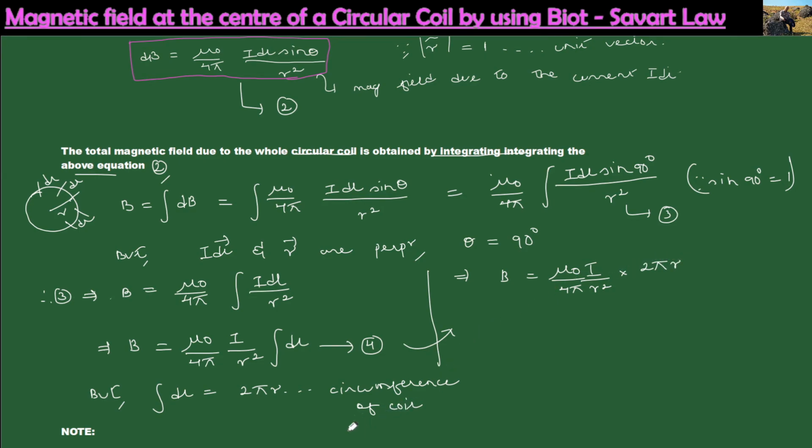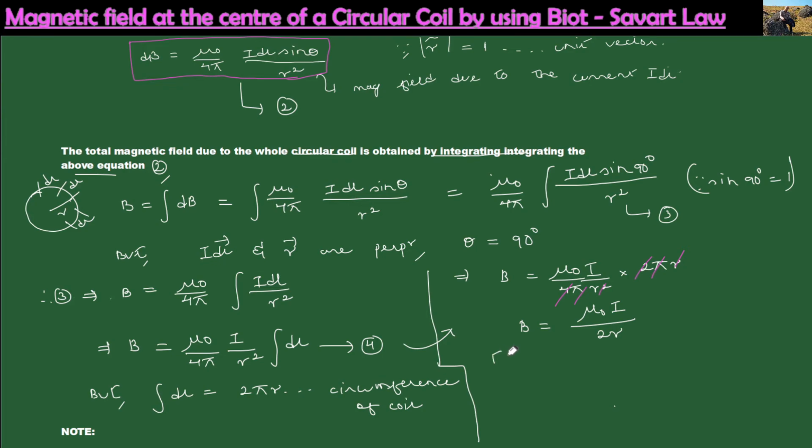Then some of the terms will get cancelled: r and r, pi and pi, and 2 and 4 as well. So it gives us the final expression for B, which is equal to mu naught I divided by twice R. This is the expression for the magnetic field due to that circular coil.